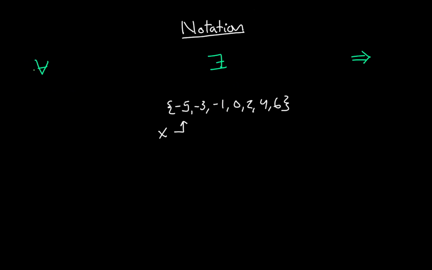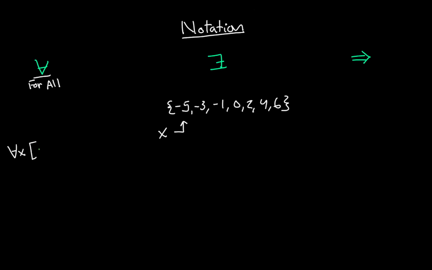So the first symbol we're going to look at is for all. The way you read this is for all values of x, and whatever you say next has to be true for all values of x.